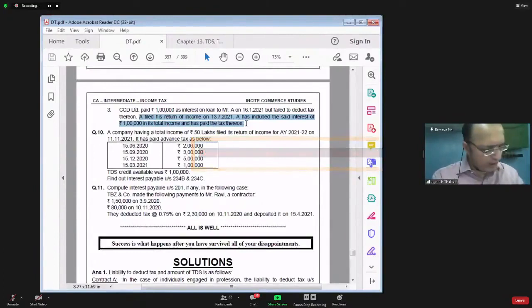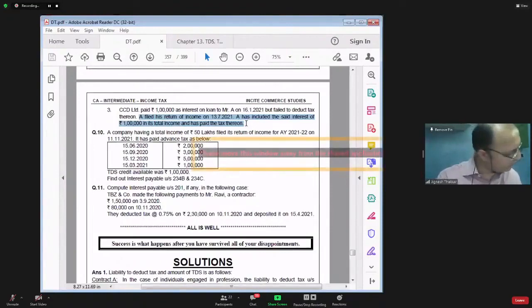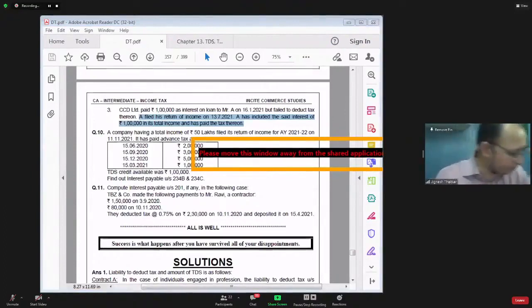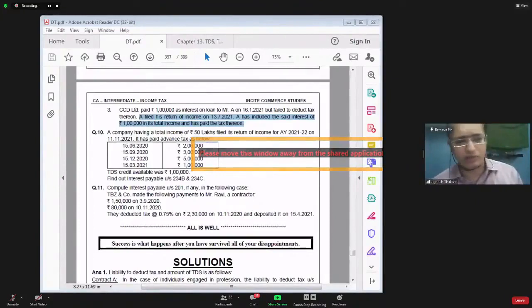If you don't recollect the provisions, you can go to page number 310. See, when the payer is any other person, if the payee is a senior citizen, then the limit is 50,000, otherwise the limit is 5,000.